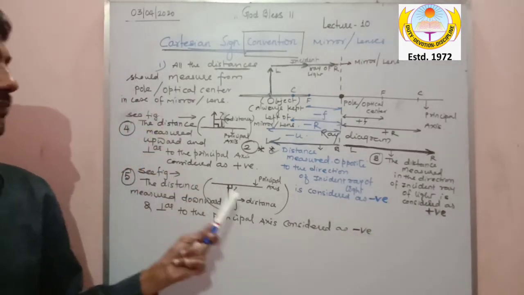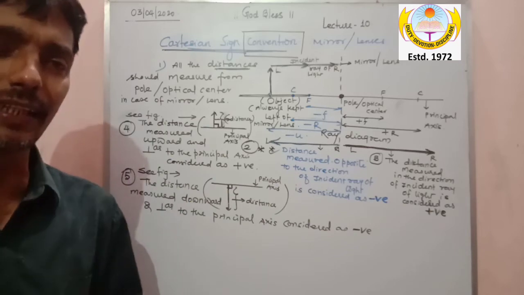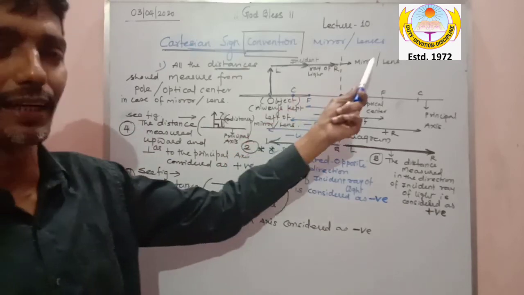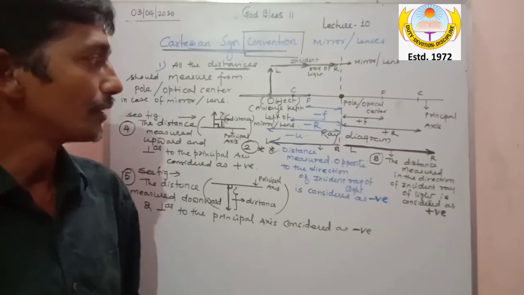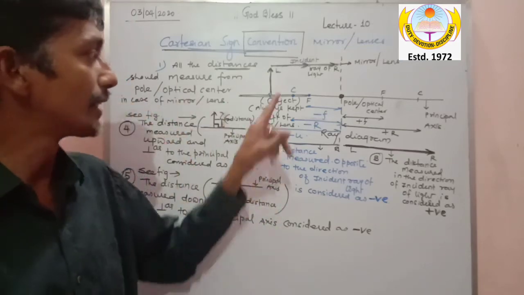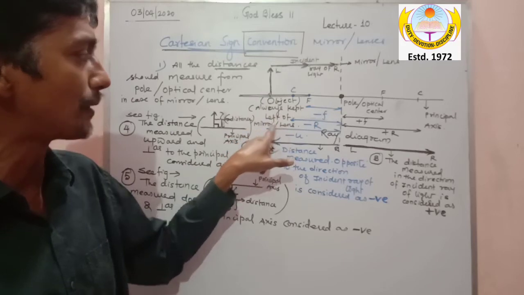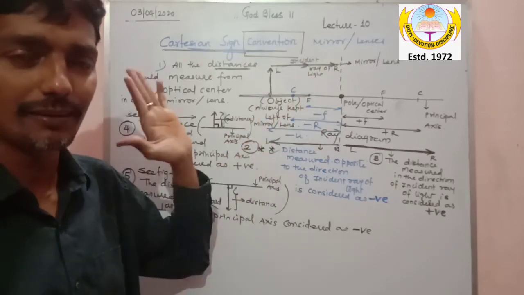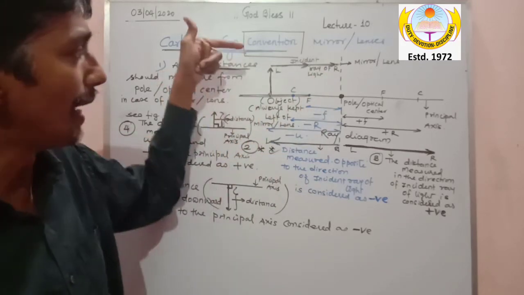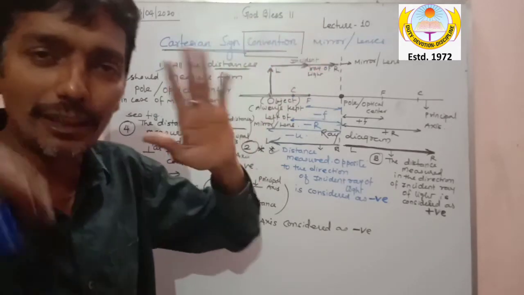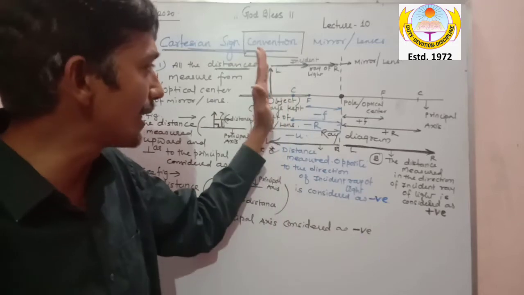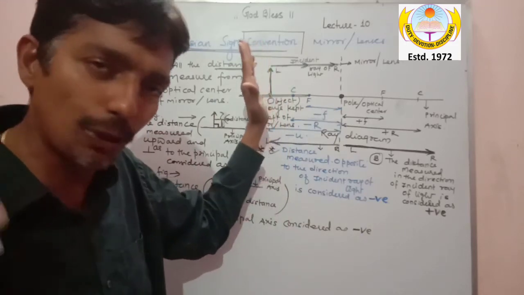So these are the five crucial Cartesian sign conventions which you can use for mirror as well as for lens, my dear. I hope you are all clear. So what are the two important points? First, the object is always kept left of the mirror or lens. And second, we have to see the direction of the incident ray of light. It is obvious that the object is kept on the left, that is sure.